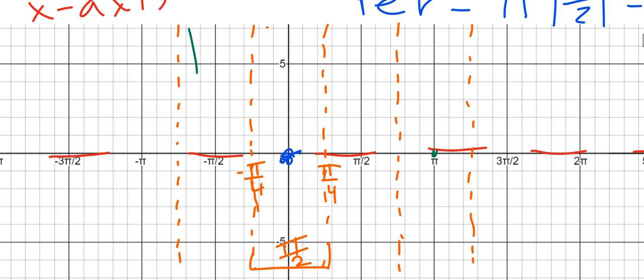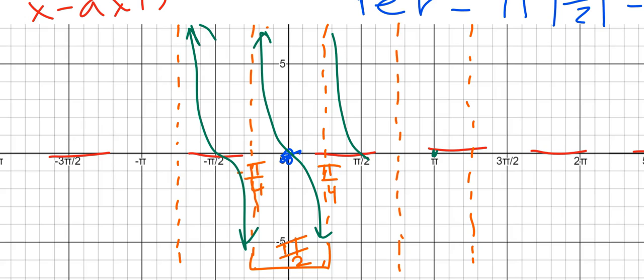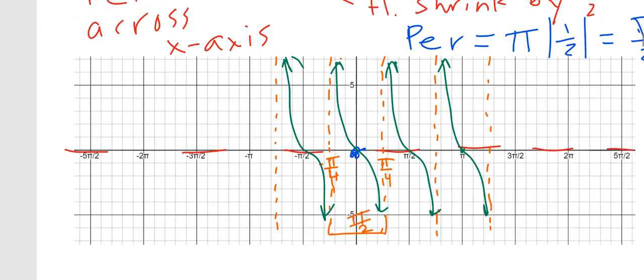Flip. Man. Trying to rush through things and not paying attention does not pay off. Okay. Sorry about that one.